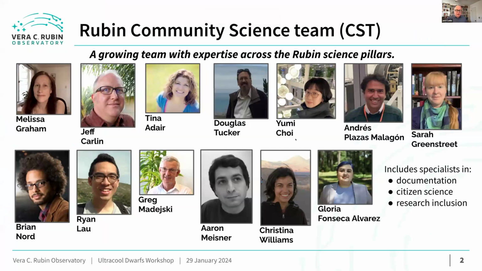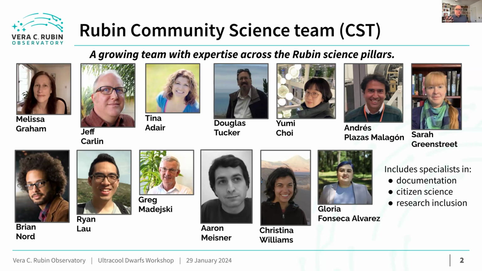So Yumi and I are here on behalf of the Rubin Community Science Team. It's a team that has been growing quite a bit recently and is still growing. Our purpose is to facilitate and enable science by the community.